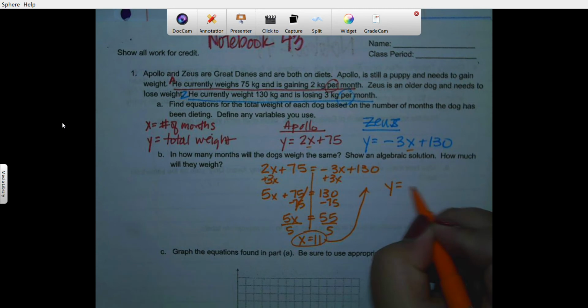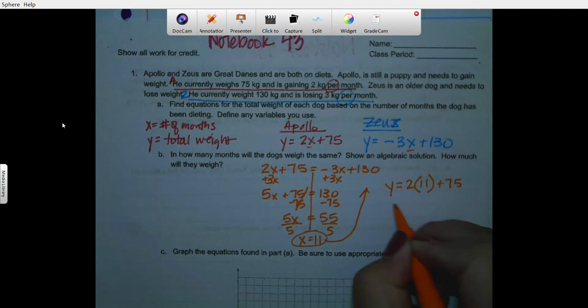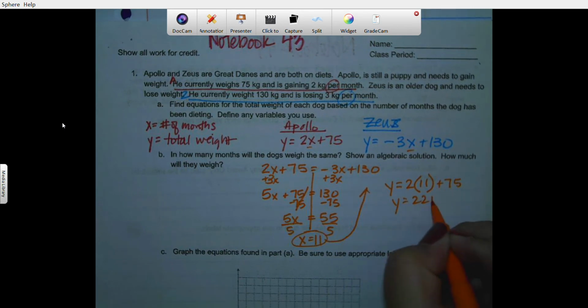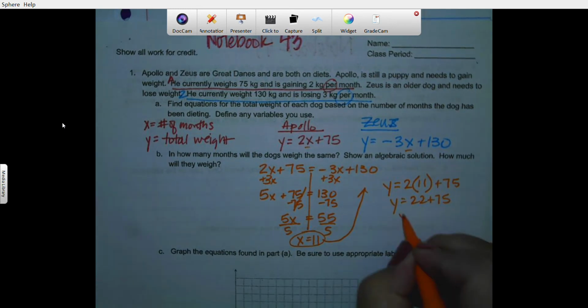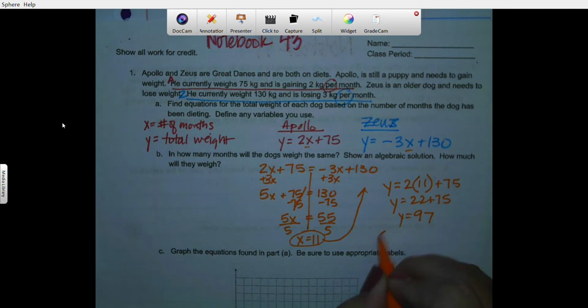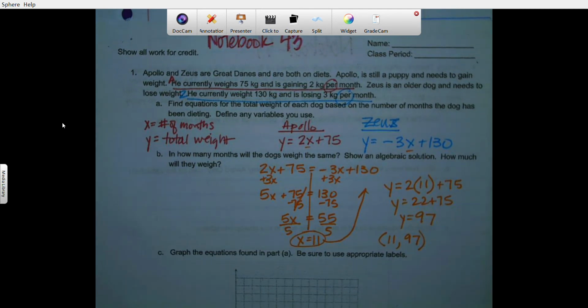So I want the y value. I have 2 times 11 plus 75, and 22 plus 75 is 97. So now I know at 11 weeks, both dogs are going to weigh 97 pounds.